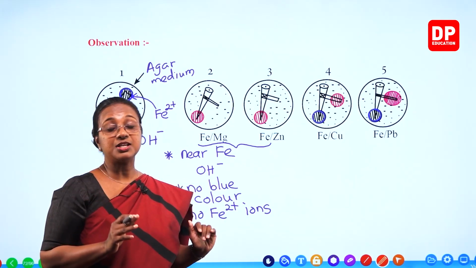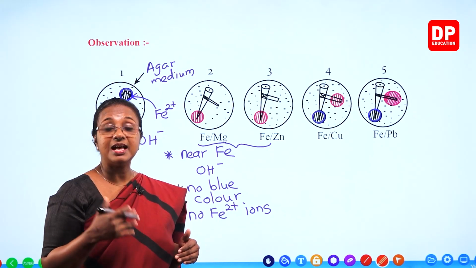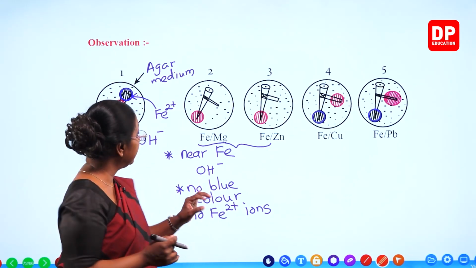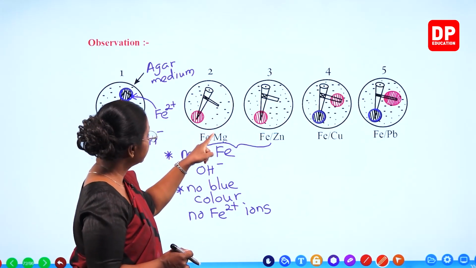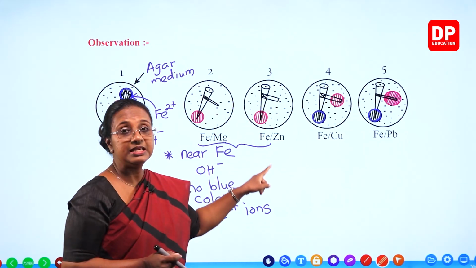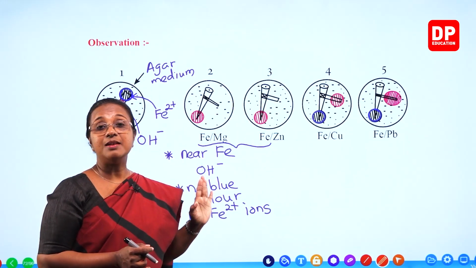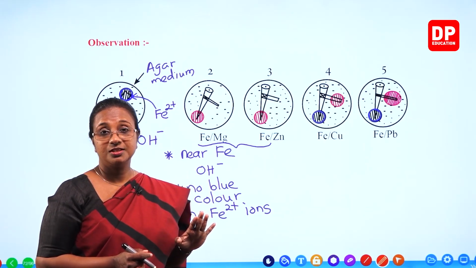So if reduction has taken place, there should be a species that has undergone oxidation. What is it? It is the other metals here. In this one magnesium, in this one zinc. Both zinc and magnesium have undergone oxidation.